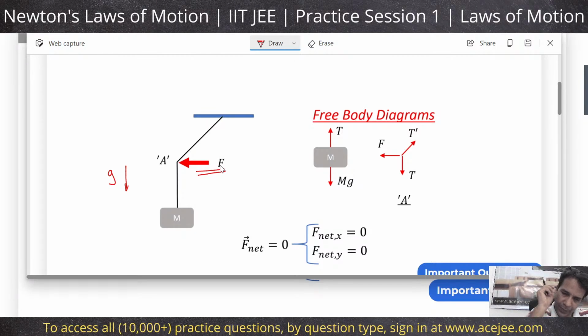The question is, beta, if the applied force is horizontal, then will the tension in this string and in this string be the same? So let me call it tension T1 and tension T2.